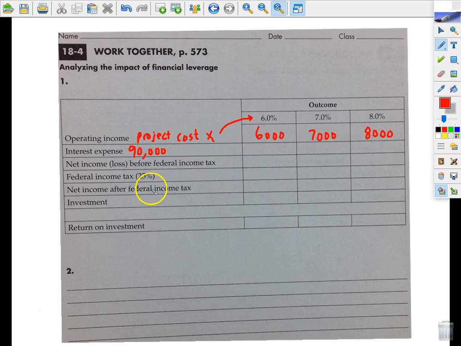It says 90% of the project will be financed through bonds. And what is the interest rate on those bonds? 7%. So let's do this little calculation, 90,000, 90% of the cost, times 7%. And that same number is going to be written all the way across. That should be 6,300.